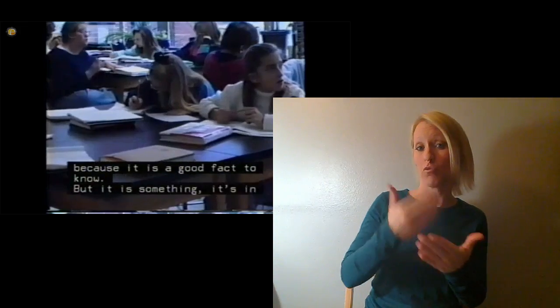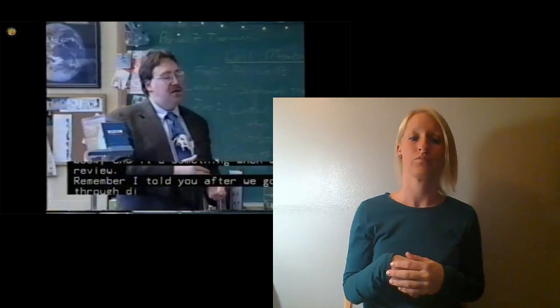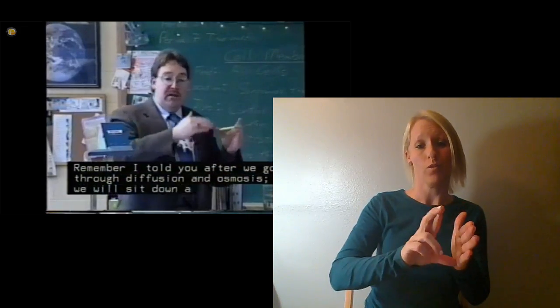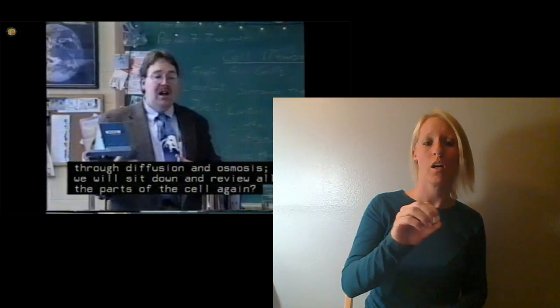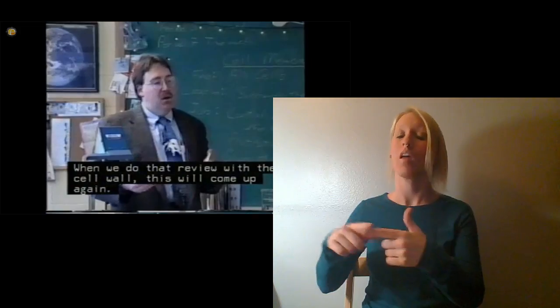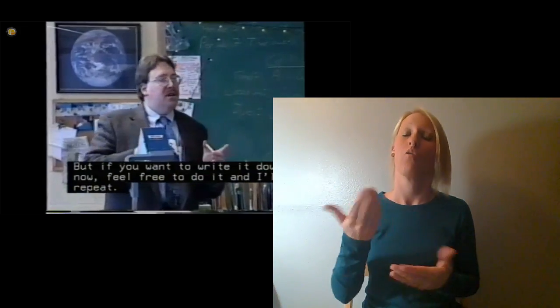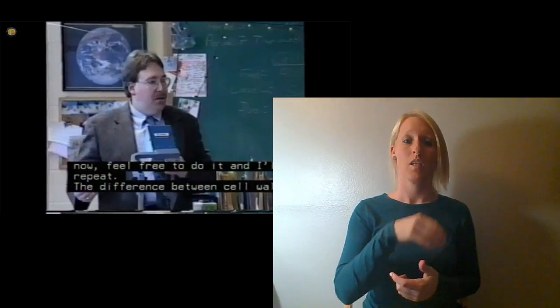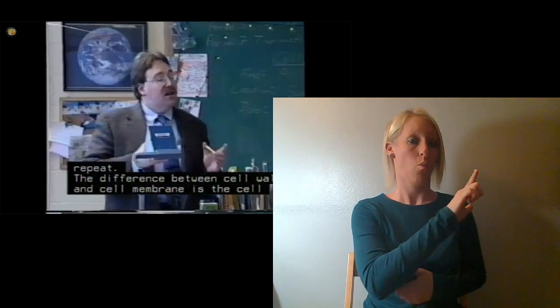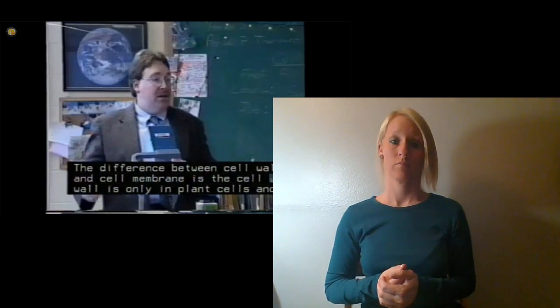It's in the book, and it's something we'll cover when we review. Remember I told you, after we go through diffusion and osmosis, we will sit down and review all the parts of the cell again. When we do that review with the cell wall, this will come up again. But if you want to write it down now, feel free, and I'll repeat. The difference between cell wall and cell membrane is the cell wall is only in plant cells and bacteria.